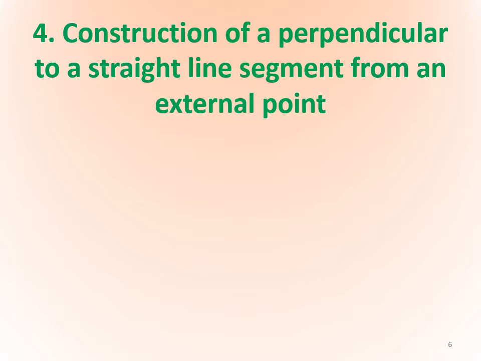Fourth one, construction of a perpendicular to a straight line segment from an external point. AB is a straight line segment and C is an external point. Take a length which is a little more than the distance from C to AB onto the pair of compasses. Taking C as the center, draw two arcs which intersect AB.